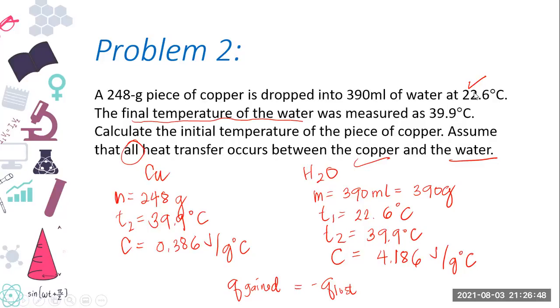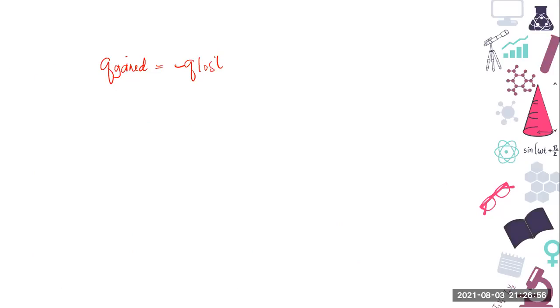There's an increase in temperature. The initial temperature of water was 22.6. It was actually colder. So I'm assuming that the one that gained is water. So I'm putting here Q of H2O equals negative Q of copper.